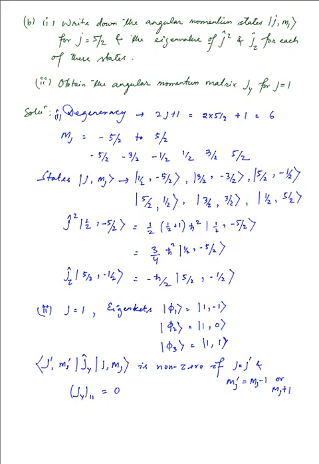Let me write that explicitly: phi 1 Jy phi 1, which means 1 minus 1 Jy 1 minus 1. As you can see, the mjs are equal, mj prime is equal to mj, so that is going to be 0.